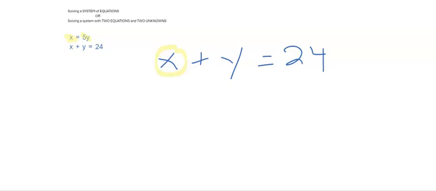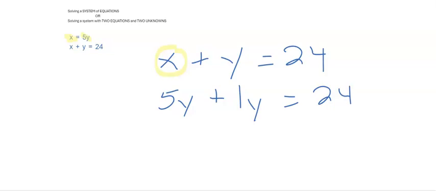We're going to substitute in place of it 5y. So I'm going to write the second equation again, a lot of writing involved, but instead of the x, I'm going to write 5y plus y. You don't have to, but I'm going to go ahead and put a 1 in front of that y, equal to 24.